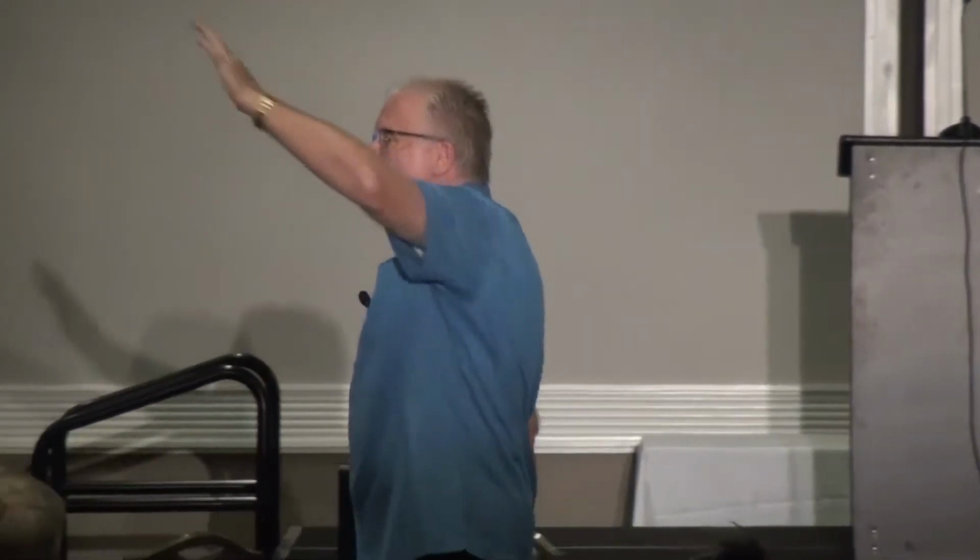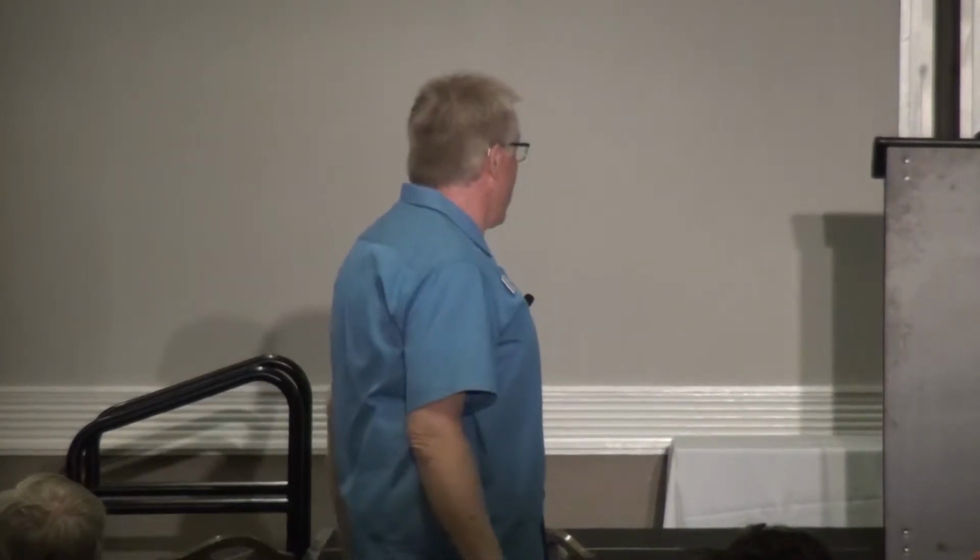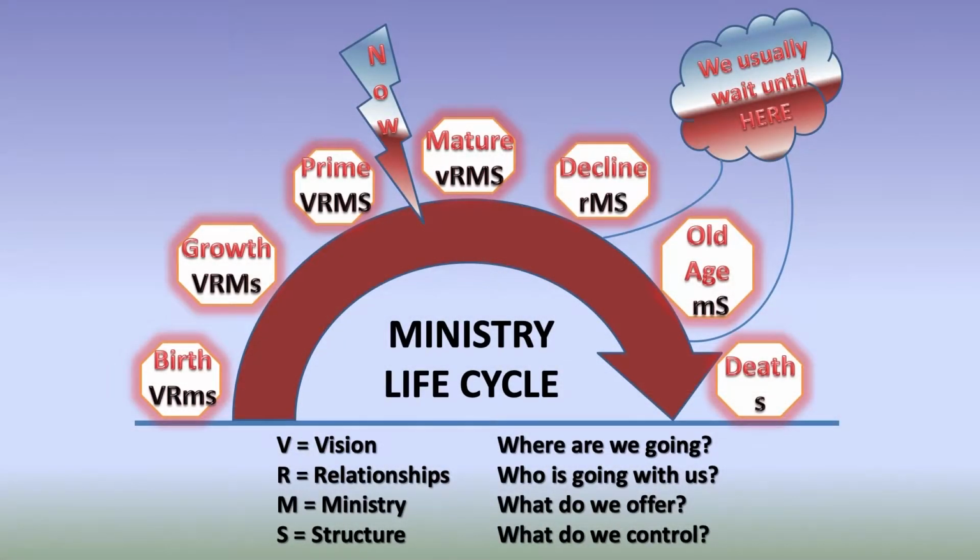You have to help them see the need and understand this stuff, so that you're introducing a new life cycle. It's like laying a whole other life cycle on top of it, but that it develops at this point, at prime. This point at prime is where you want it.